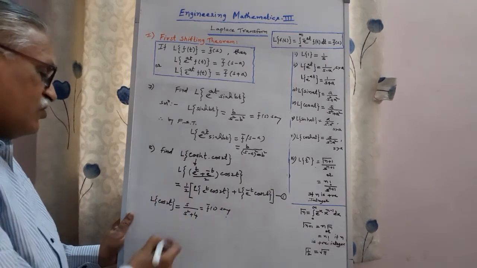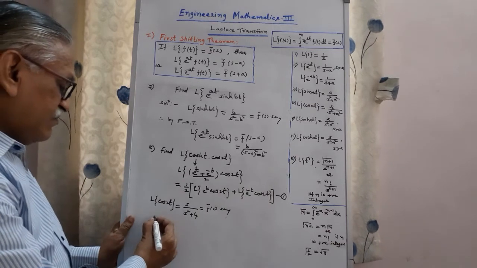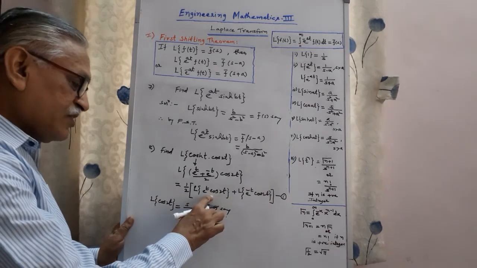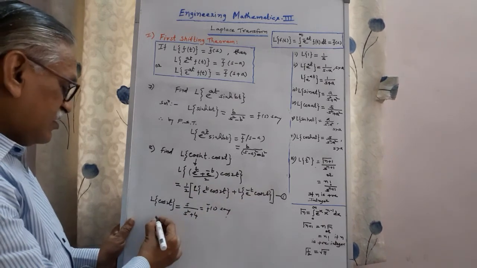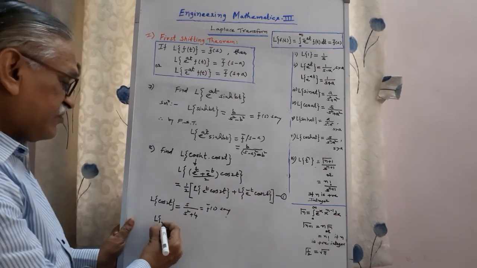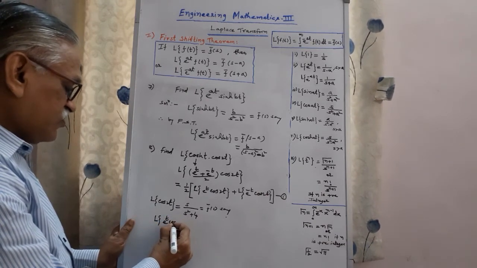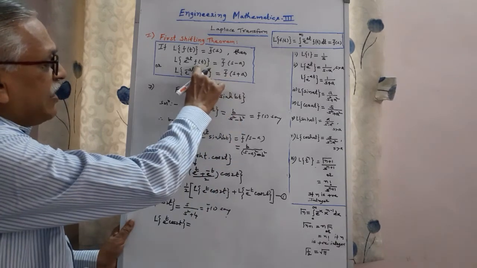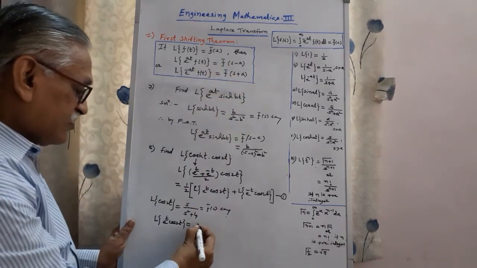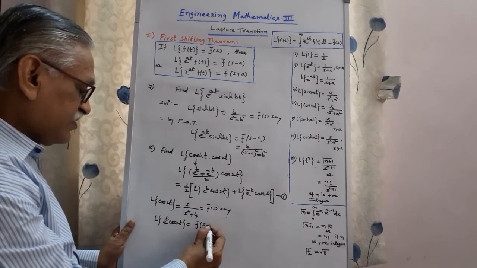Okay, and therefore we find the Laplace of these two separately, applying the first shifting theorem in each. Laplace of e raised to t into cos of 2t, by using the first shifting theorem, is obtained by f bar of s minus a.